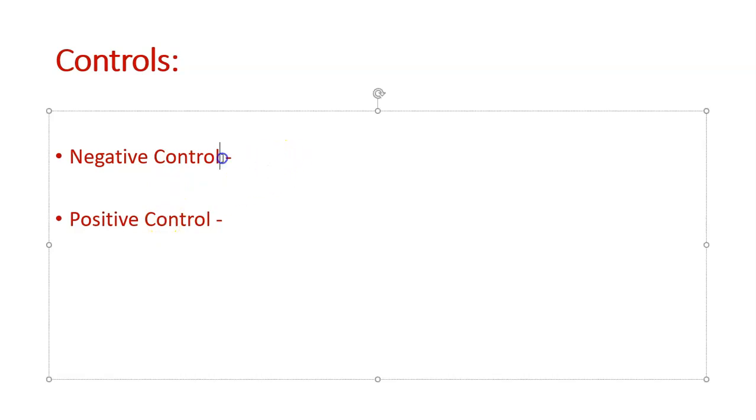The negative control is designed in such a way that you know that it won't have a response. If you're testing something to see if it has glucose present, you need to have a negative control that you know does not have glucose, so that as your test, you know what that negative result looks like. It's a way of checking and making sure that the experiment is working the way you intend and that all of the different parts and features of the experiment are working accurately and correctly.